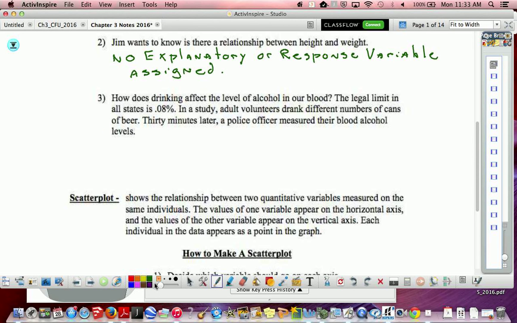So the explanatory variable here, not just beer, but how are they measuring it? It's the number of cans of beer consumed.